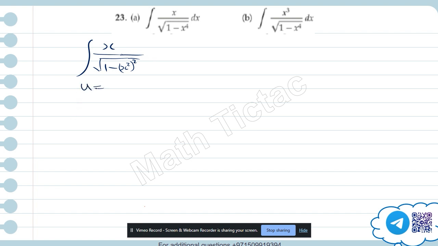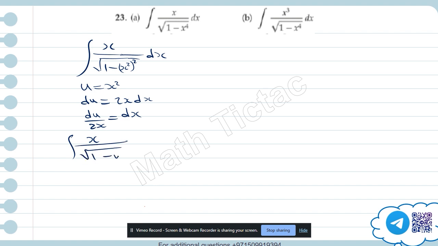So u is equal to x squared, du equals 2x dx, then du over 2x equals dx. Start with the assumption: x divided by square root of 1 minus u squared, dot du over 2x.